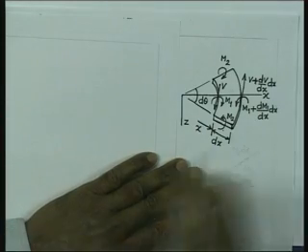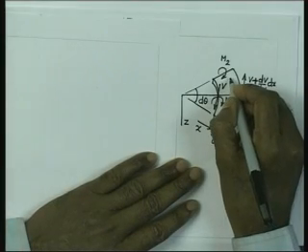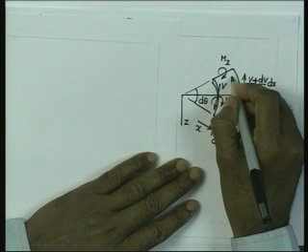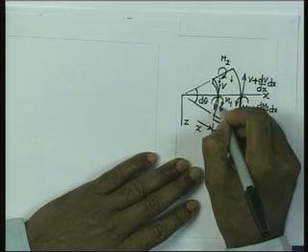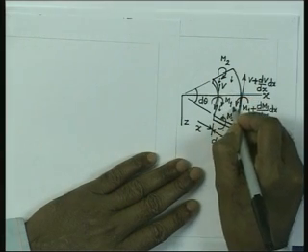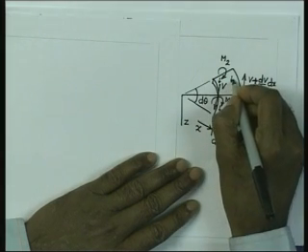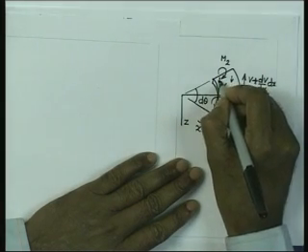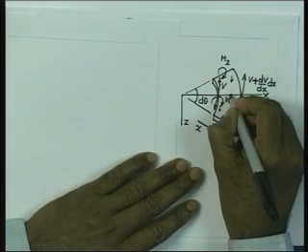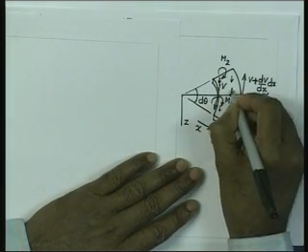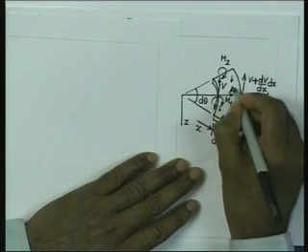So, these are the loadings, and of course, we can have our external loading, which could be like this, and at the center of this dx, a point, let us consider A.